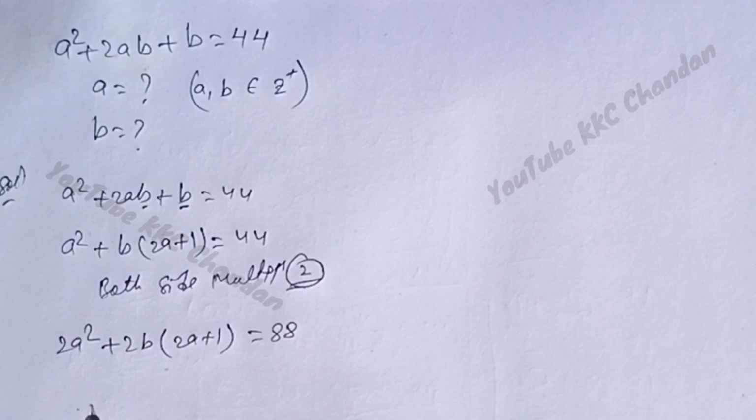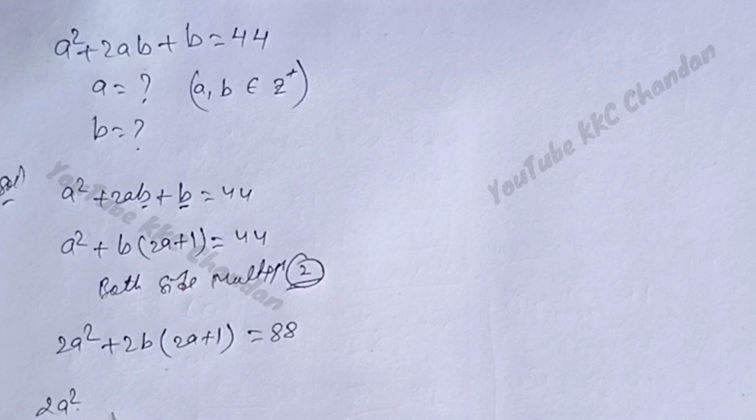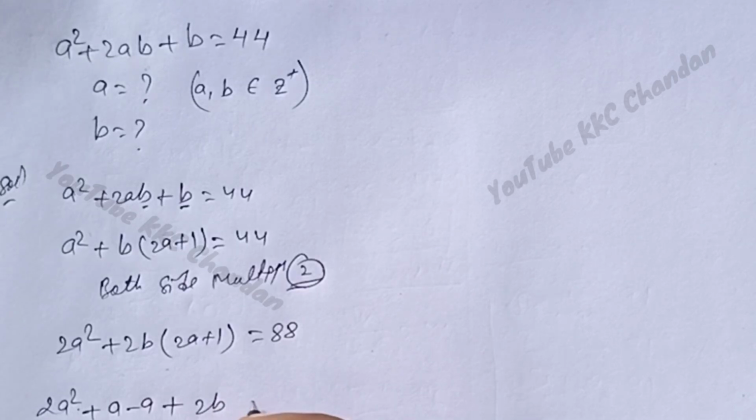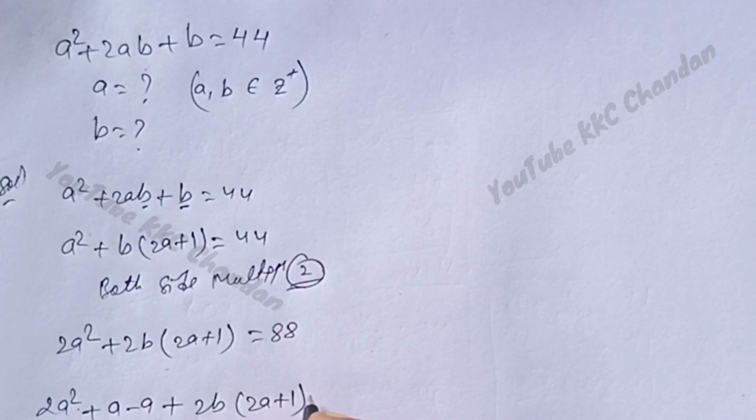Then 2a square plus a minus a plus 2b, bracket open 2a plus 1, is equal to 88.